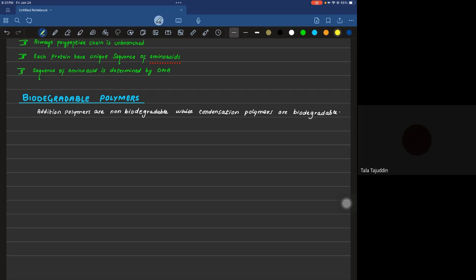The thing is that in condensation polymers their linkages are broken down. Remember, their linkages are broken down, so when their linkages are broken down, ultimately I can say they are going to react.